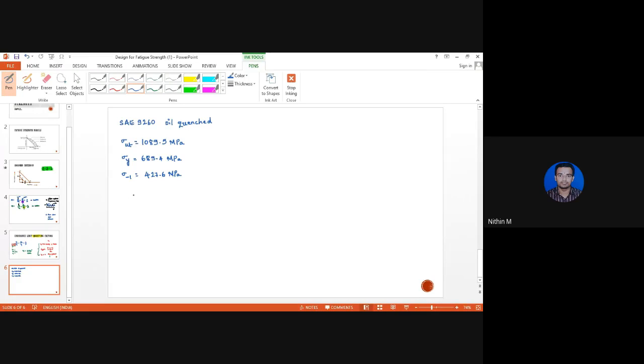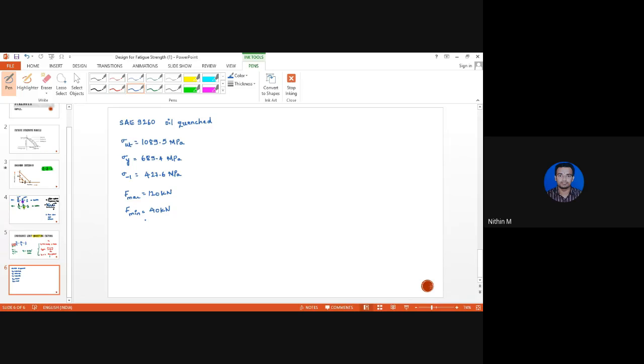Now what are they saying? If I call the tensile force as F, the maximum force applied to the component is 120 kilonewton and the minimum force present on the component is 40 kilonewton.